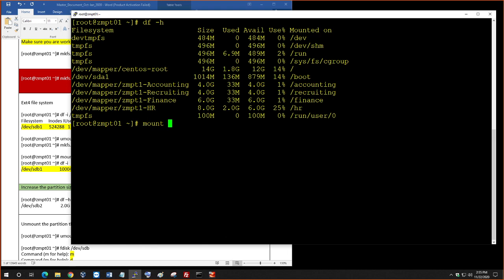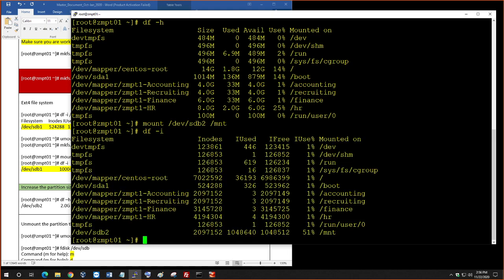Mount, and then I'm going to mount it to MNT. And if I do df-i and hit enter. So remember I used up last time, I used up everything in here, right? Freeing up. It was 100%, but I think I already played around and made it increase this here.